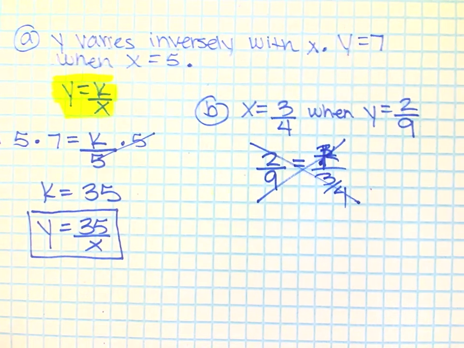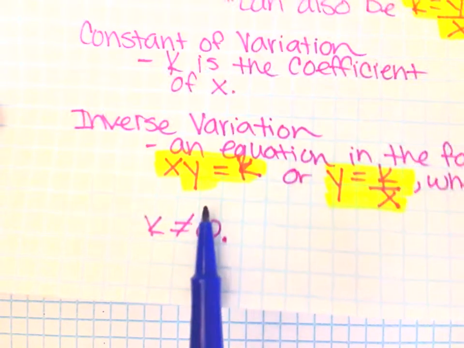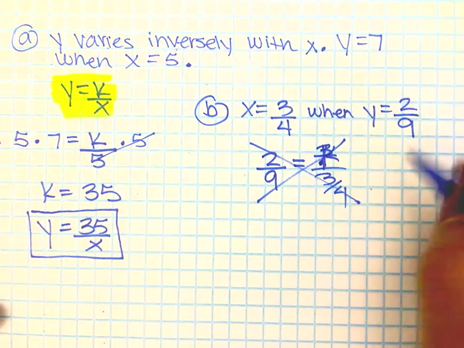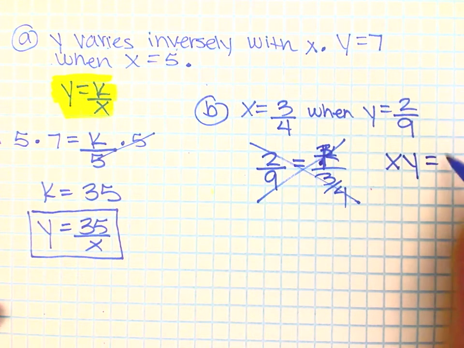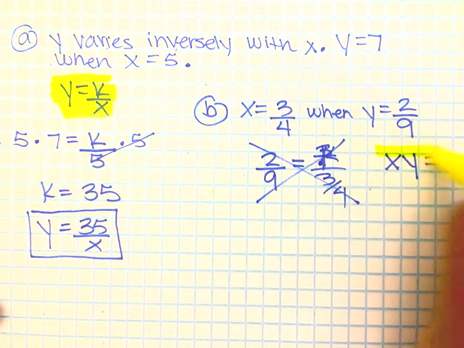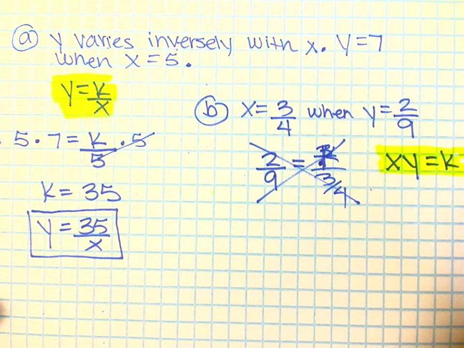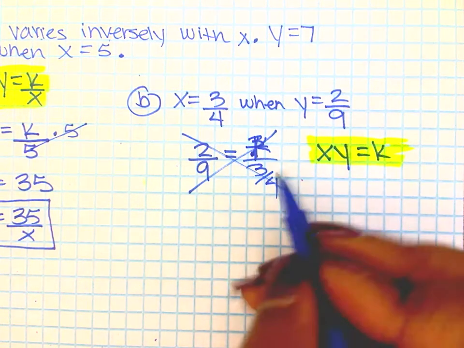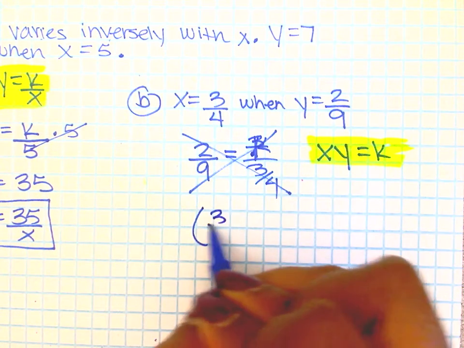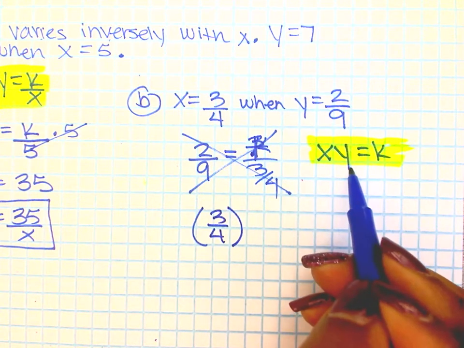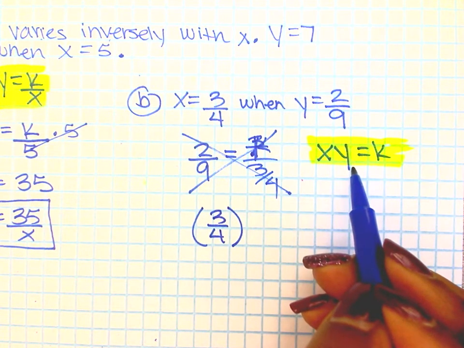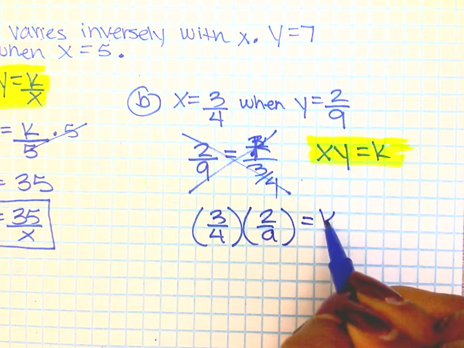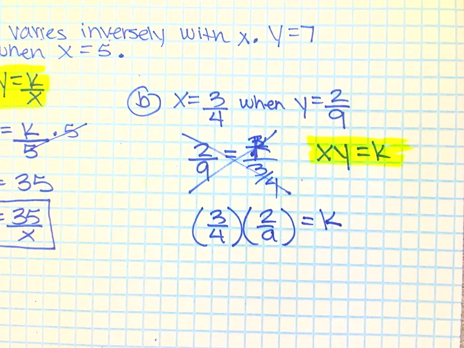No. So then I'm going to look back and say, I'm going to try this one because there are two equations I could possibly use. My other equation that I could possibly use is x times y equals k. Highlight that because that's the second type of equation you can use. So I'm going to use that one because that one seems like it works better. So x is 3/4 times y, which is 2/9 equals k. That one seems to work out a lot better.